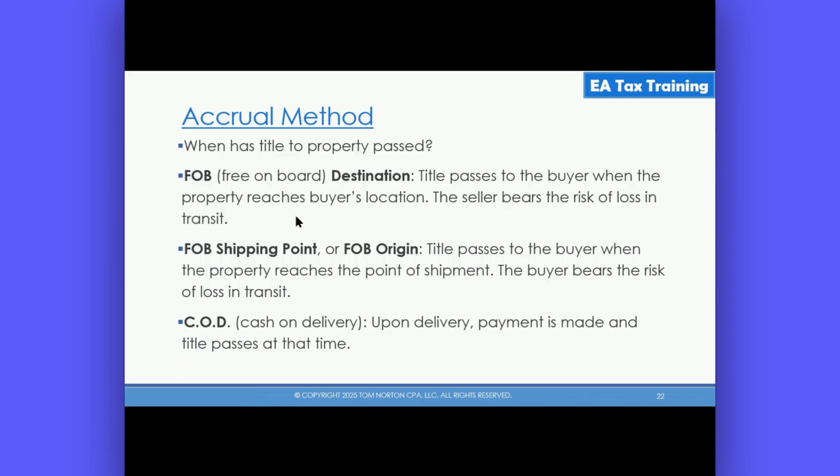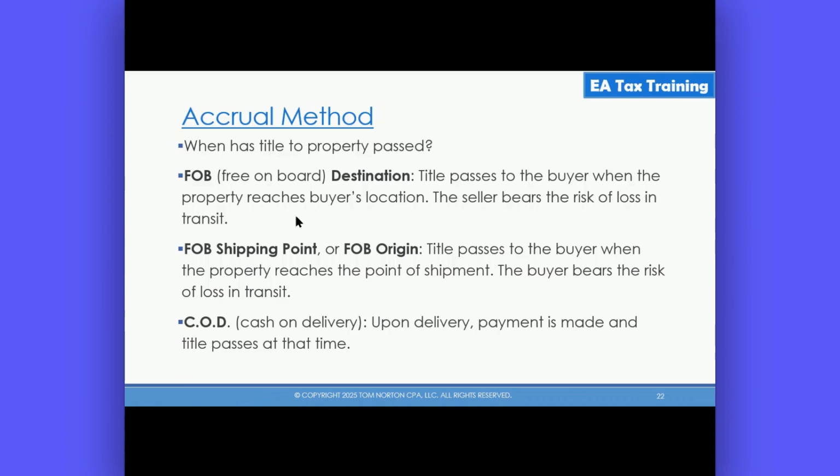If the truck crashes and burns, that is the buyer's problem. They are going to have to deal with it. Of course, that's also telling you that as soon as it's on the truck, title has passed, which means the seller can recognize the revenue. If it was FOB destination, the seller does not recognize the revenue until the truck actually reaches the buyer's location.